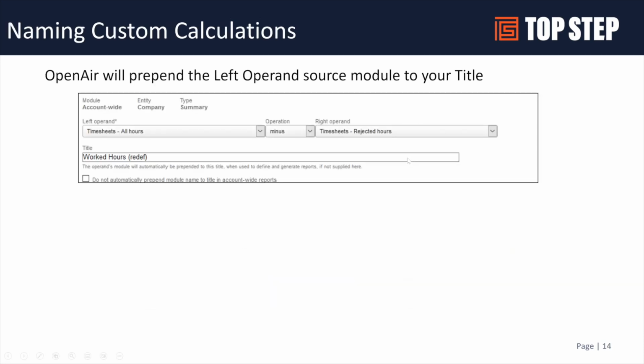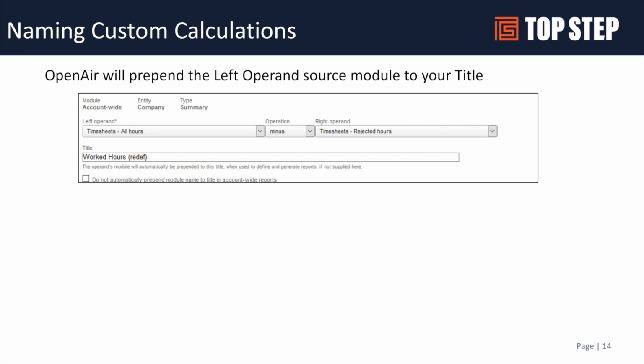When you go to naming calculations, be aware, for example, in this one, if we go back to our timesheet hours minus rejected hours. When I hit save, it's going to prepend whatever module the left operand is from.